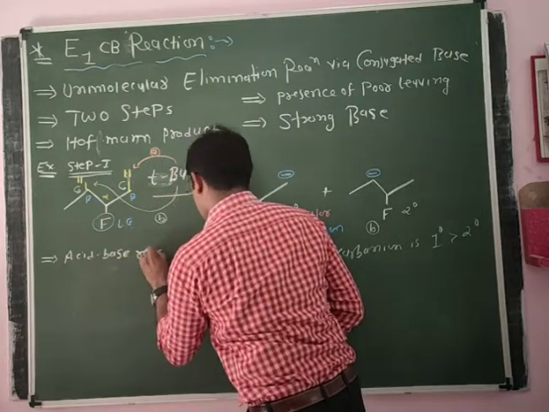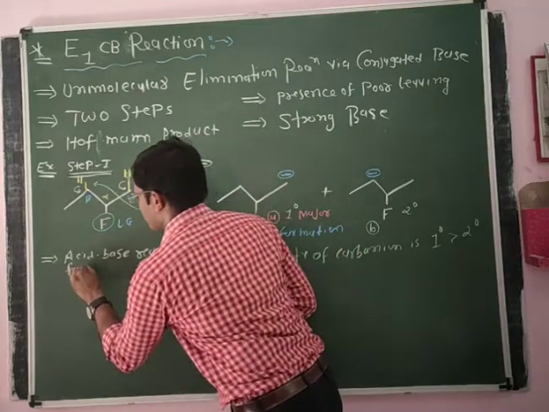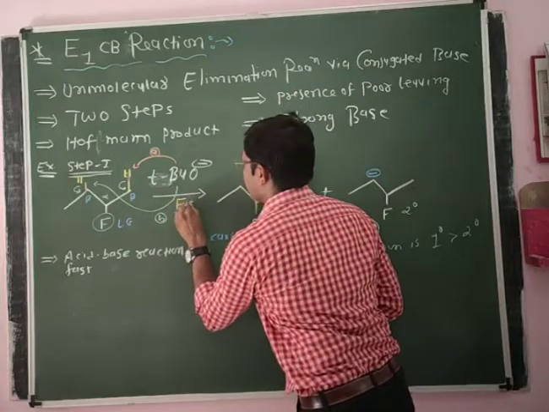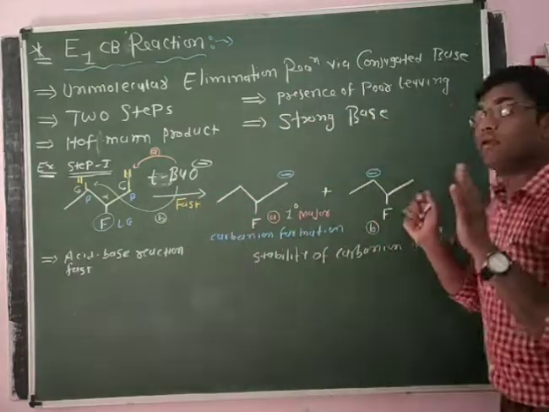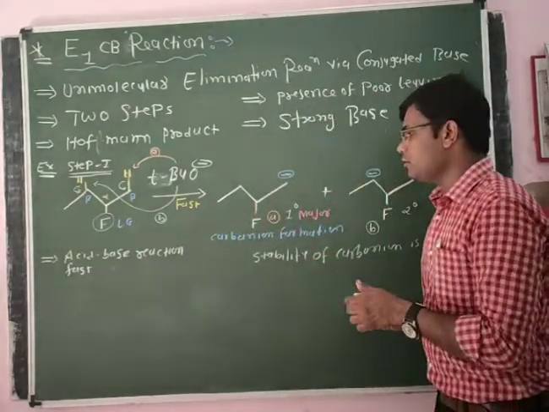Acid base reaction is always fast. So this step is a fast step, and it is not a rate determination step. It is not a rate determination step.